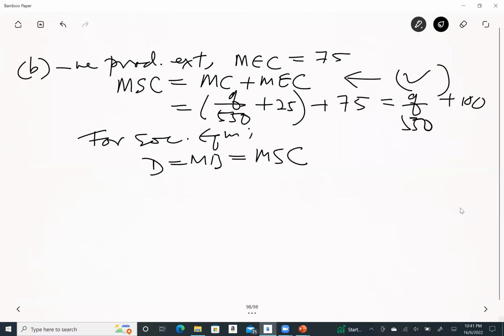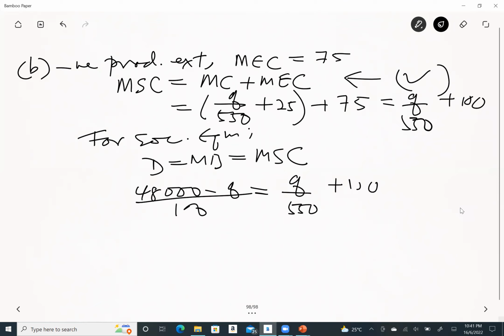So it is very similar to the first part, except the supply is different. You got 48,000 minus Q over 100 equal to Q over 550 plus 100. The work is the same.